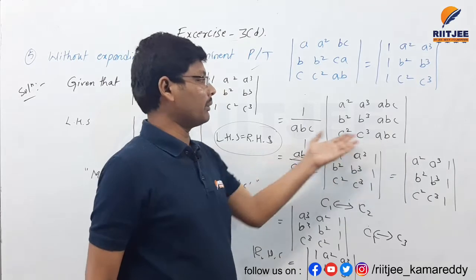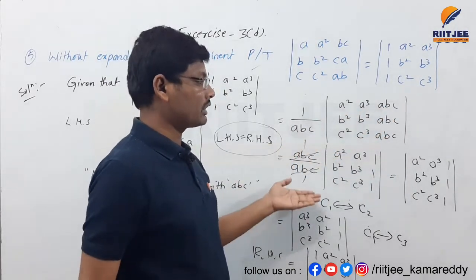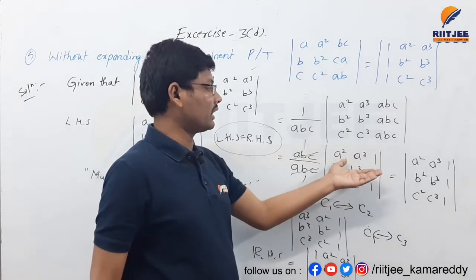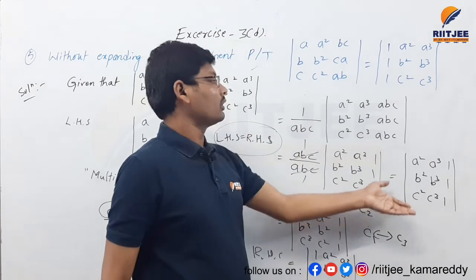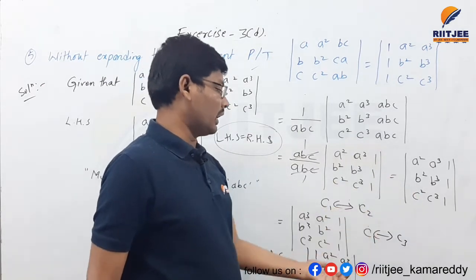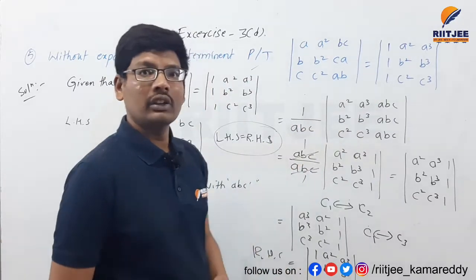I am taking ABC as common from C3, then we can cancel ABC. Here we will get the determinant A square, A cube, 1; B square, B cube, 1; C square, C cube, 1. So I am interchanging C1 and C2 as well as C1 and C3. Then the output RHS matrix is obtained here.